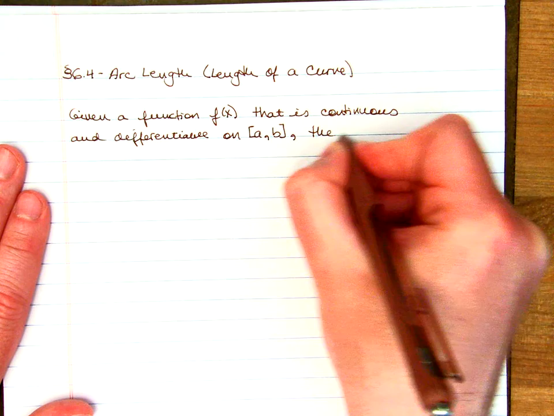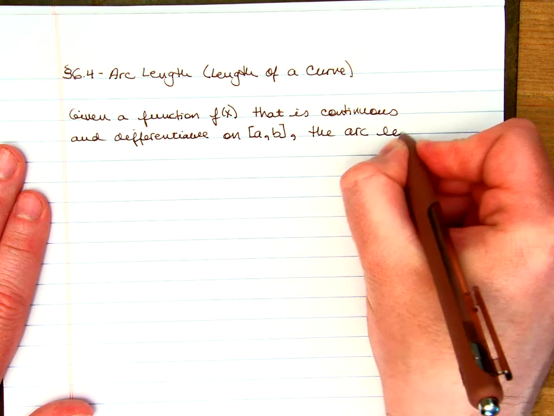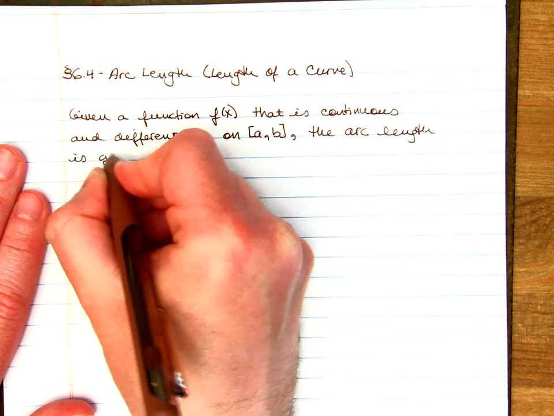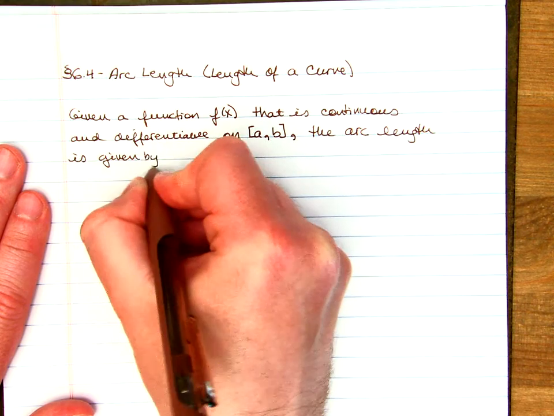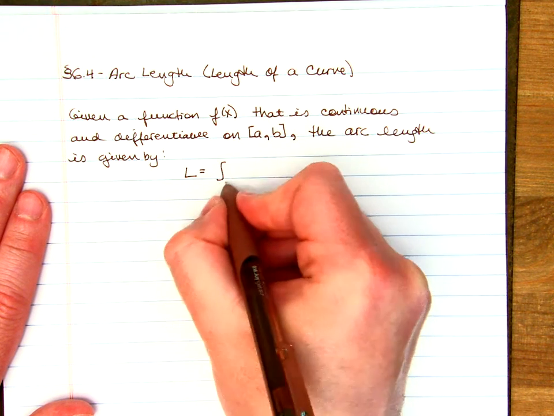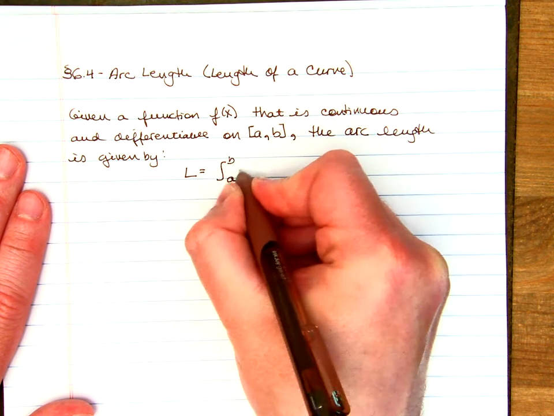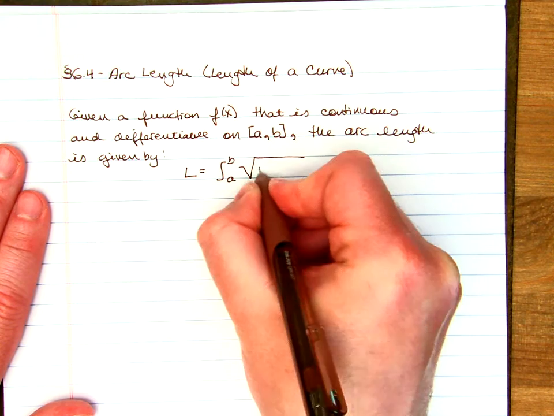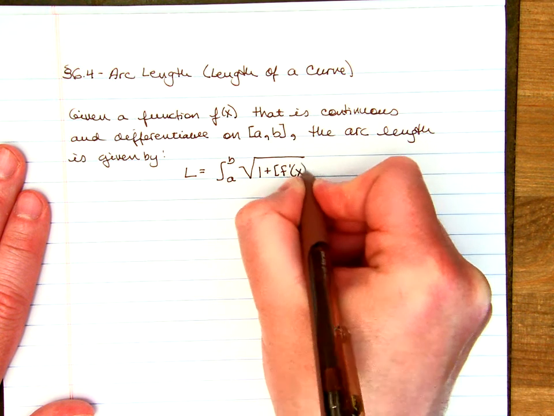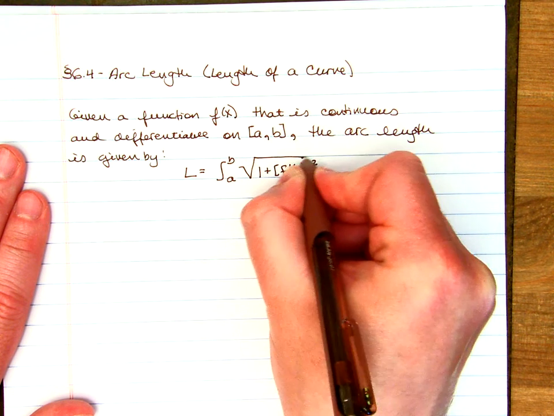The arc length, the length of that curve, is given by L equals the integral from a to b of the square root of 1 plus f prime of x squared dx.